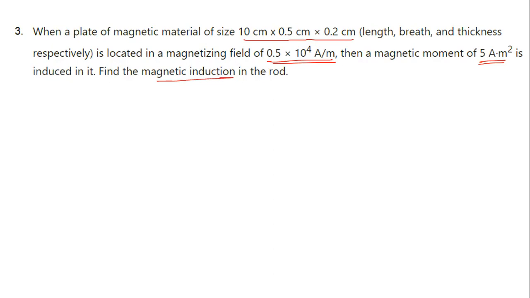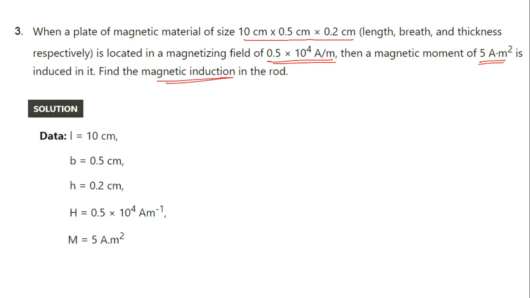Find the magnetic induction in the rod. So we have length, breadth and height, the magnetizing field, and the magnetic dipole moment given, and we have to find the magnetic induction, B.